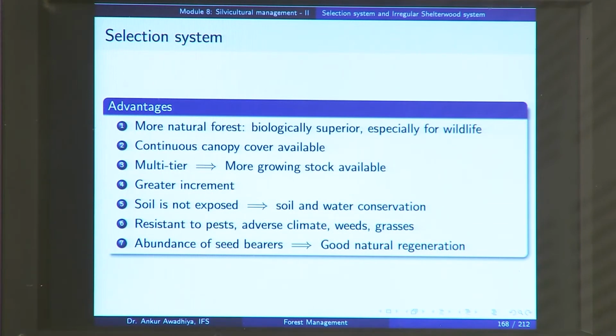So, you are having trees of different age classes, and all of these will have certain biological values for different species of flora as well as fauna. So, it is a natural forest which is biologically superior, especially for wildlife.